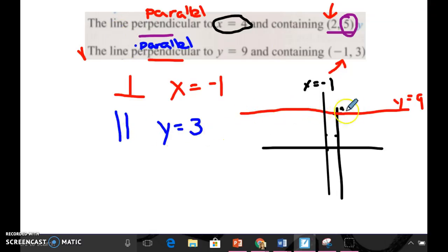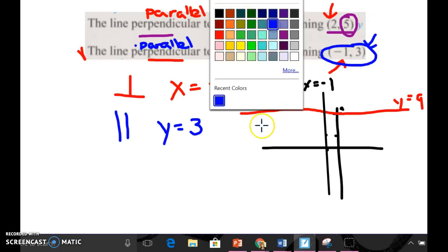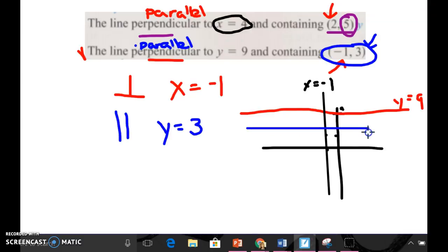Because if this is our original line, y equals 9, and I want a line that's parallel that goes through this point, my equation is going to be y equals the y coordinate. So that line, the parallel line, would look like this. It would go through 3.